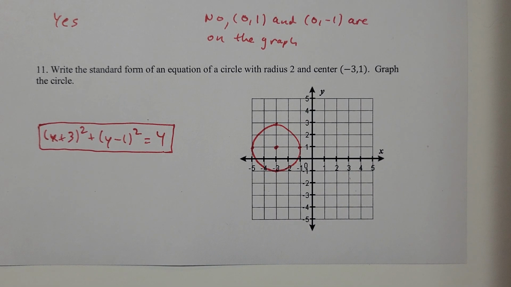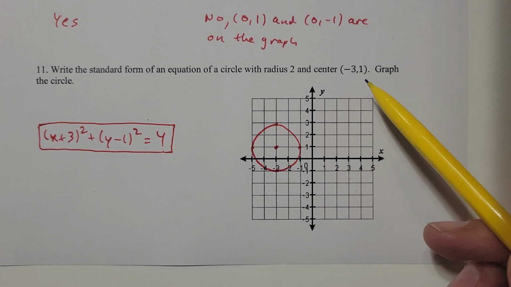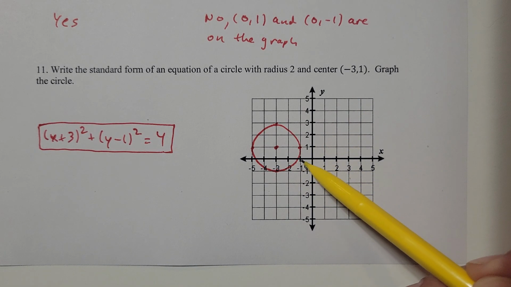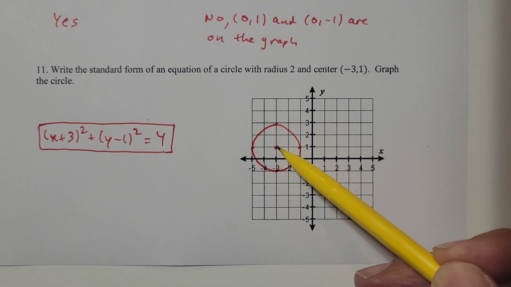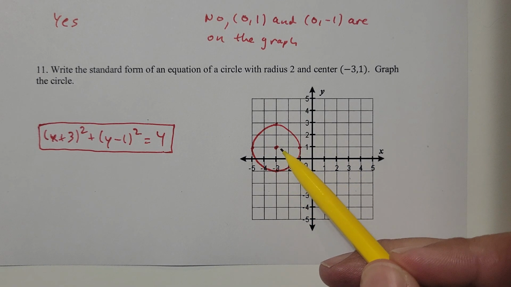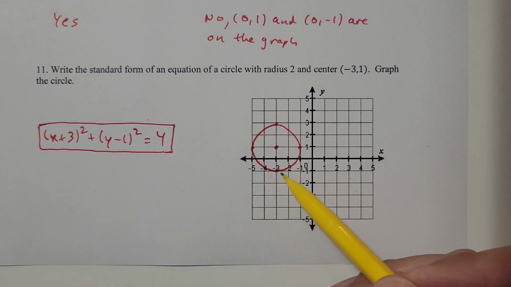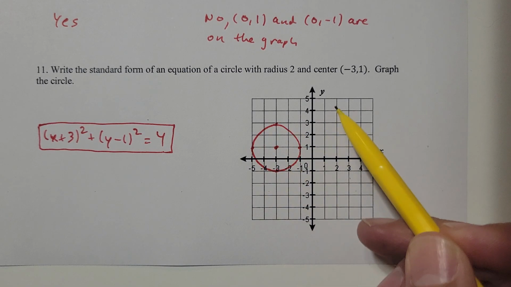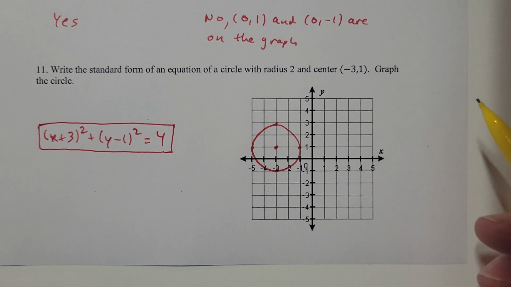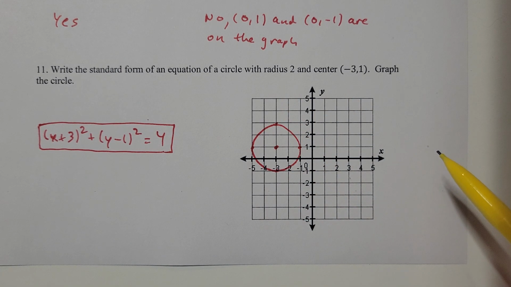Now the next thing is I want us to graph the circle. Okay, so this circle has a center point at negative 3, 1. So if I go to the left 3 and then up 1, I plot that center point. And then usually how we draw circles is we'll start by plotting the center point there, and then we'll plot 4 points kind of hovering around the center, working off of the radius, and then we'll draw a circle as best we can. So here I've got a radius of 2.